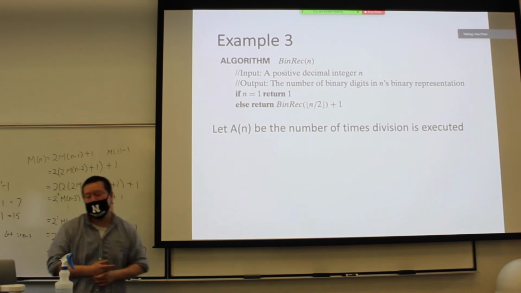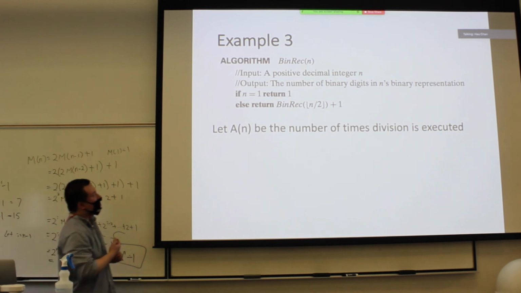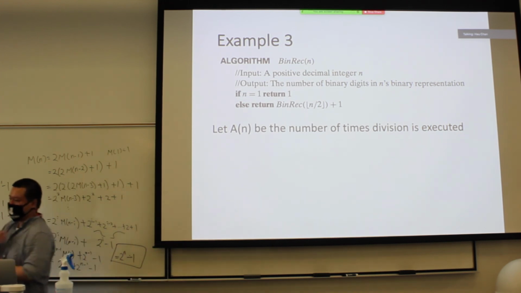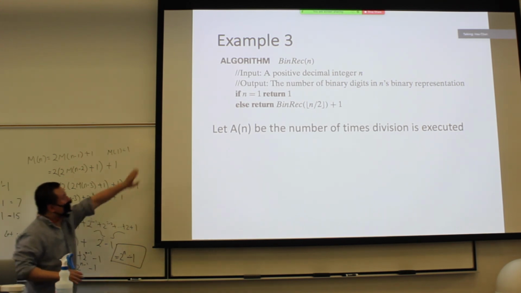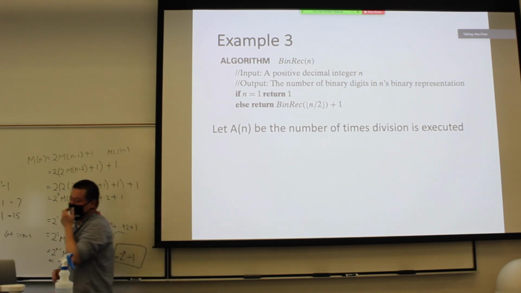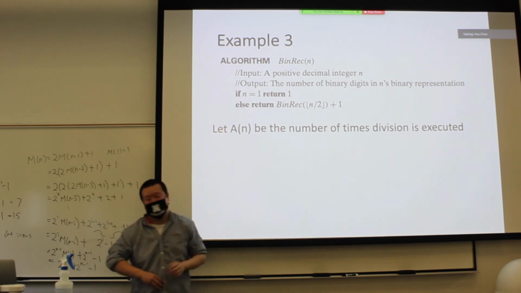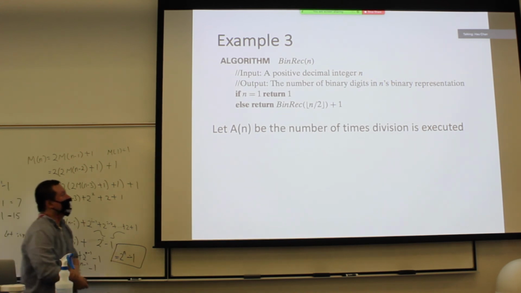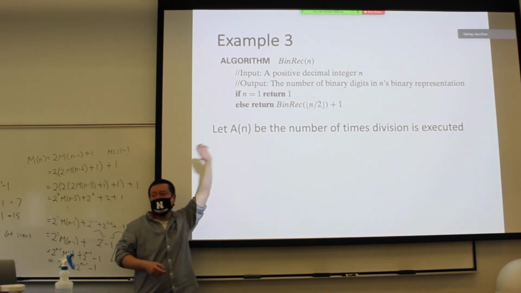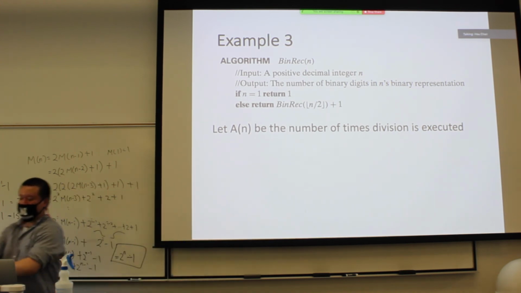Now, here's another example. I want you to take some time to think about the number of times division is executed in this algorithm, and see if you can find a recurrence relation for this. Suppose that we have this recursive algorithm, and every time we have to divide n by 2. We're going to keep dividing it until we have 1 at the end. And the question is, how many times is division executed?